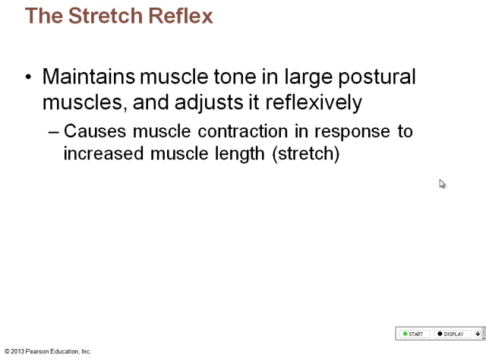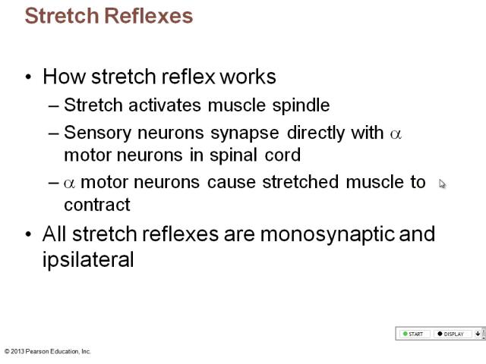So the stretch reflex is going to help maintain muscle tone in very large muscle groups that are going to help hold you upright. Stretch reflex activates muscle spindles. Sensory neurons synapse directly with the alpha motor neurons in the spinal cord, and the alpha motor neurons cause stretched muscles to contract.